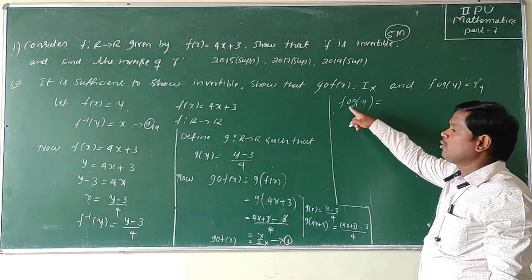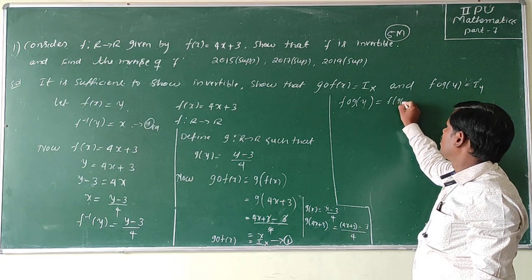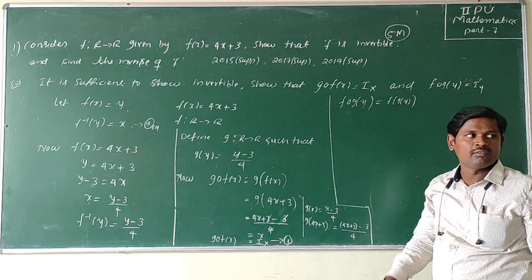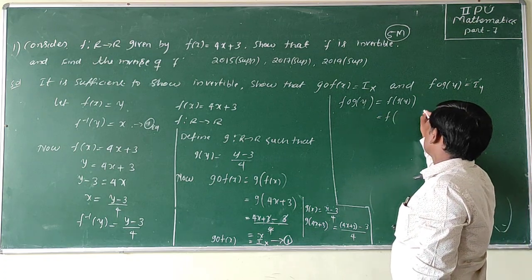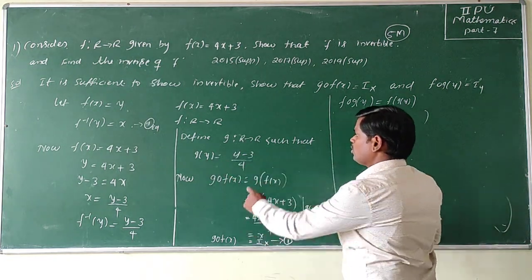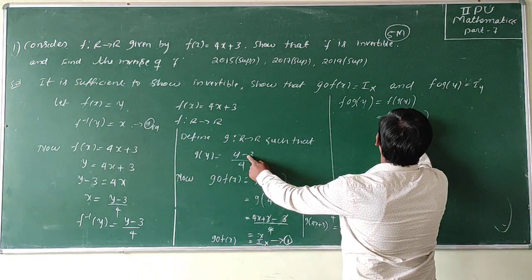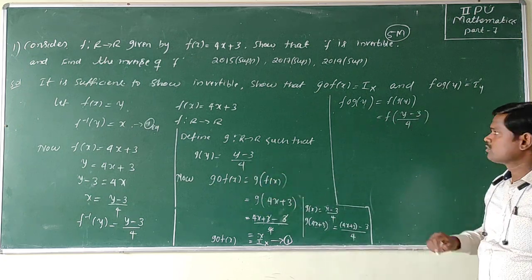By the definition of composition function, it can be written as f of g of y. So f of g of y: g of y is nothing but (y minus 3) divided by 4.